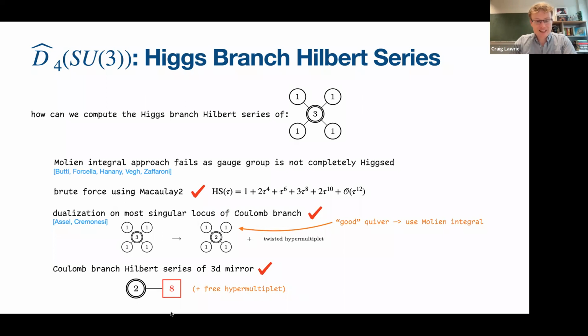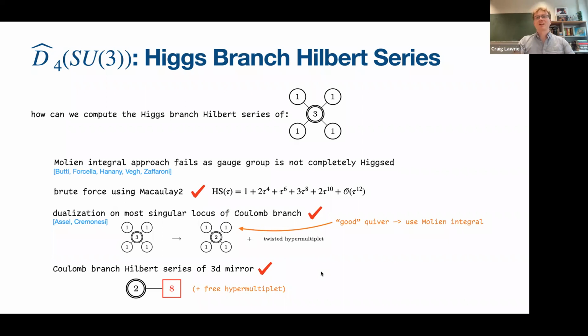So perhaps, Hamihai, this answers your question if I tell you that the Higgs branch around the most singular locus of the Coulomb branch of the 3D reduction is just equivalent to the Coulomb branch of SU2 with 4 flavors.